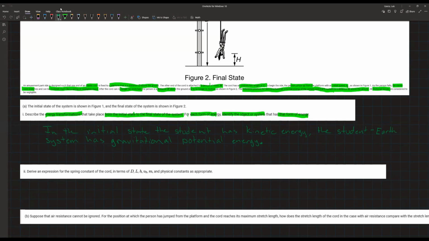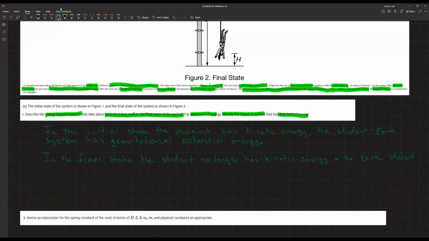All of that energy, the kinetic and gravitational potential energy, is going to be conserved and transformed such that in the final state, the student no longer has kinetic energy and the Earth-student system no longer has gravitational potential energy.